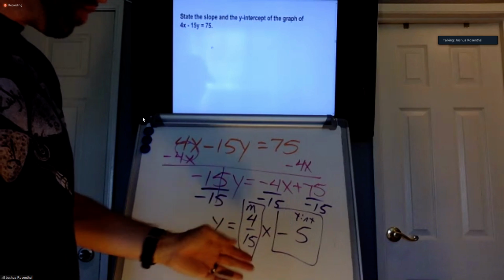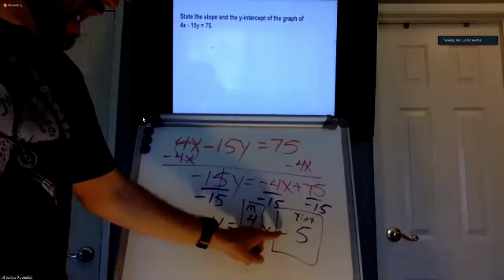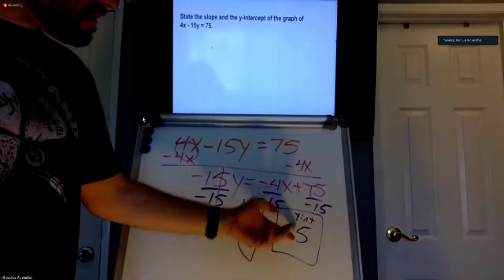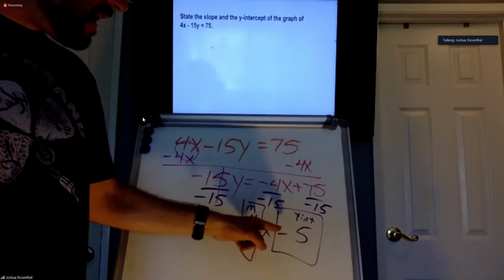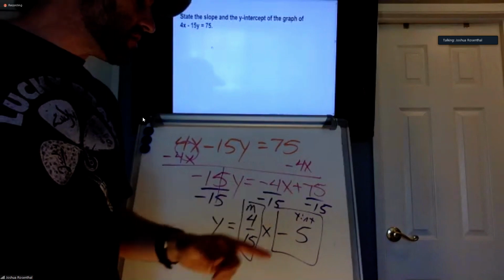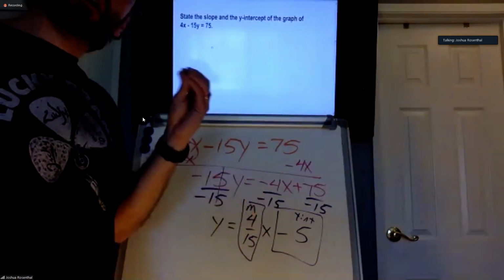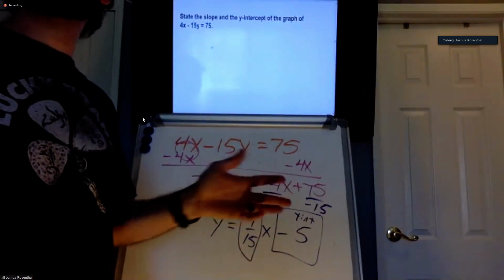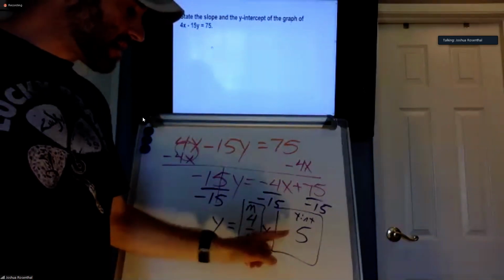And there's your slope. There's your y-intercept with that sign. If it's plus, good. If it's minus, don't forget the minus. Some of you are going to forget the minus. If you say that the y-intercept is 5, you get it wrong. You must say that it's negative 5.